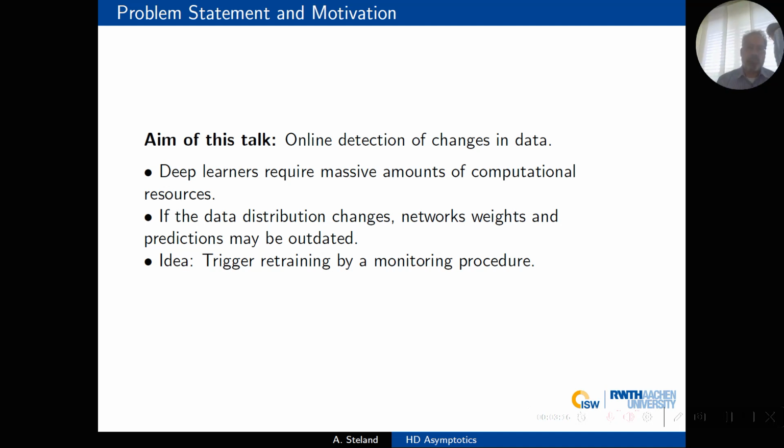If you have massive amounts of training data which are needed by these approaches, if you want to, for example, design a classifier for a specific industrial application, these computation resources which are needed are quite prohibitive in some applications.